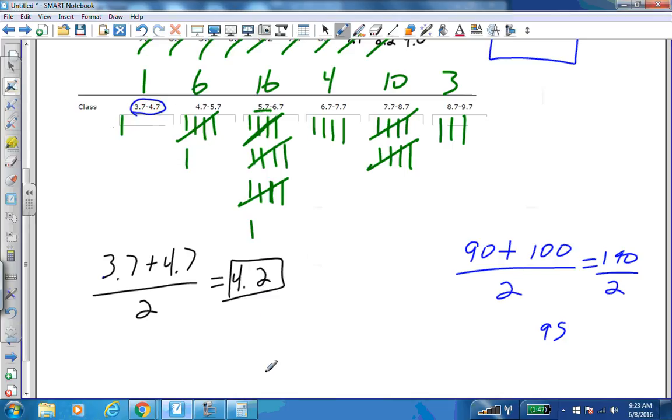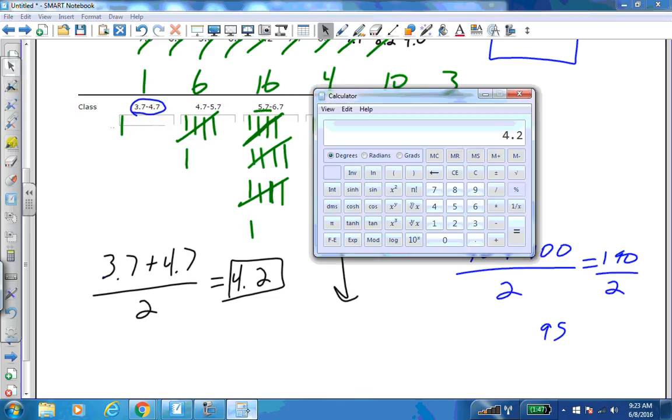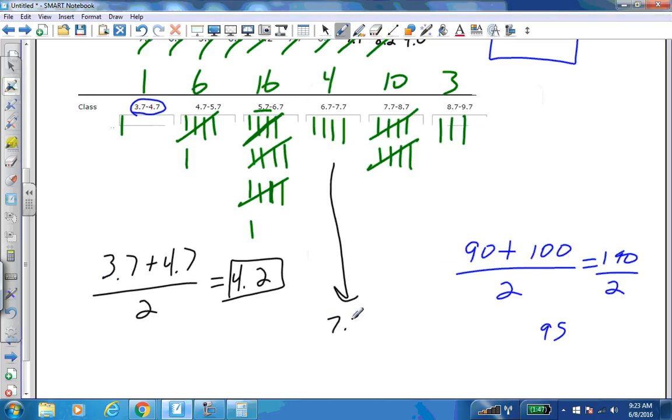That's the midpoint of the first class. If we want the midpoint of the class that goes from 6.7 to 7.7, add the upper and lower ends, divide by 2, so 7.2 would be the midpoint of that class.